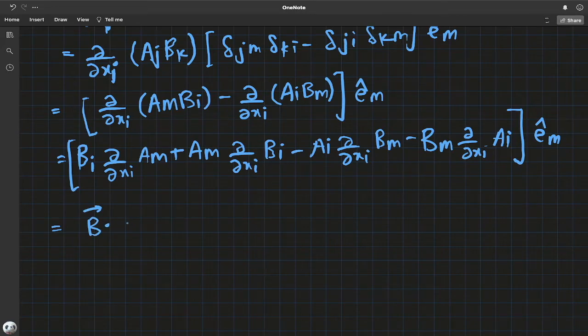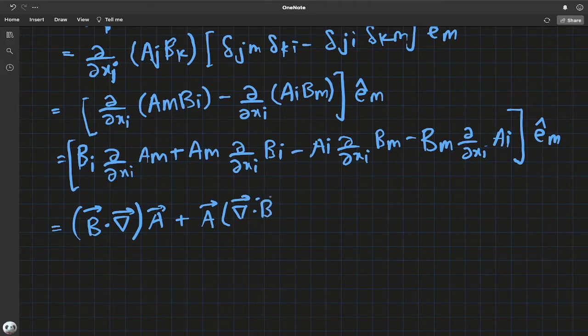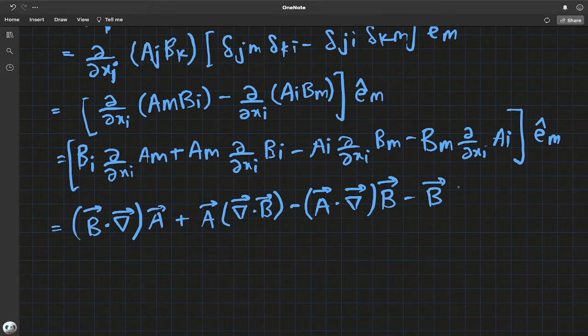It's the B vector dotted with the del operator multiplied with vector A, because we have Am Em hat, plus now we have A vector, and this time we have the divergence of B, minus A dot del B, minus B times divergence of A.